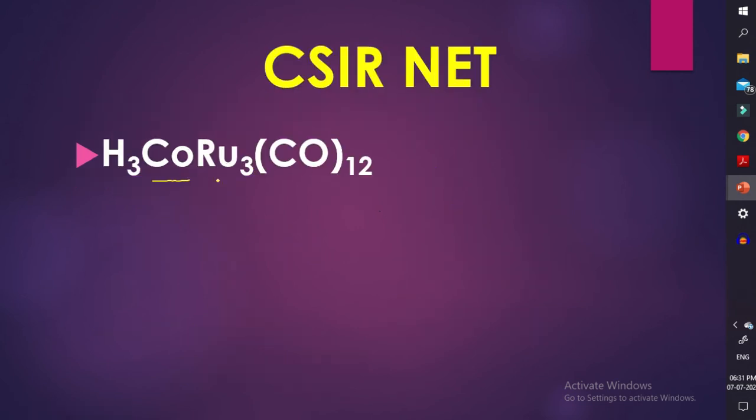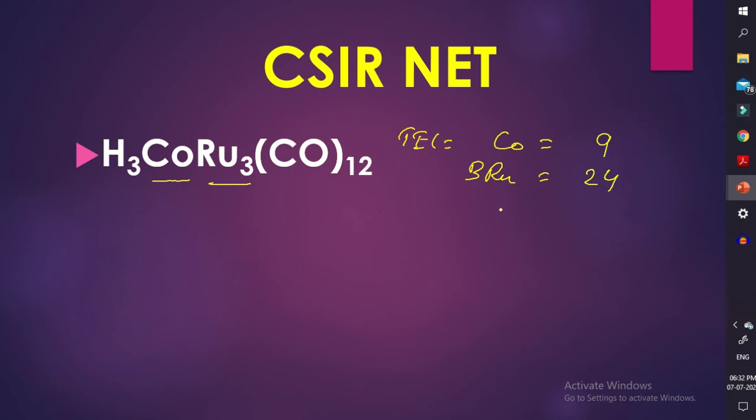So there are 2 transition metal ions. Okay, so let's at first calculate the TEC. For cobalt there are 9 electrons in its valence shell, and for 3 ruthenium, you know that ruthenium is in the iron group, so 3 into 8, that is 24.